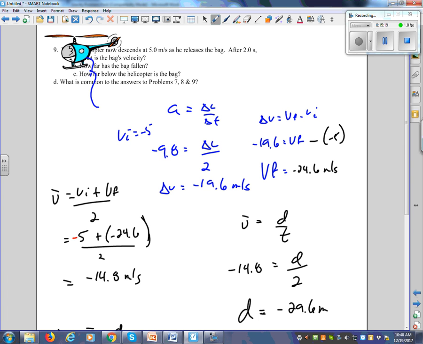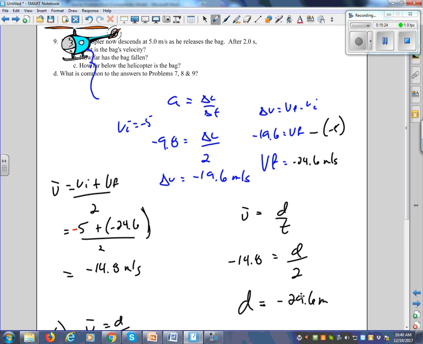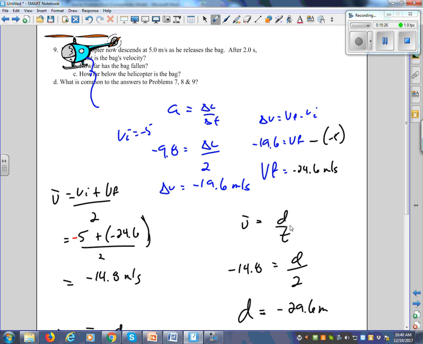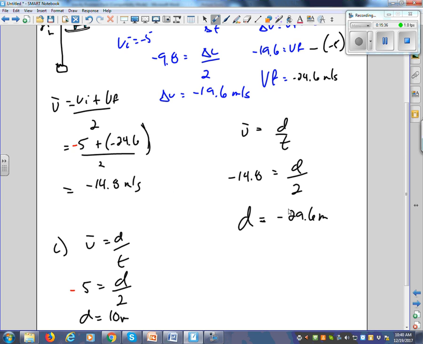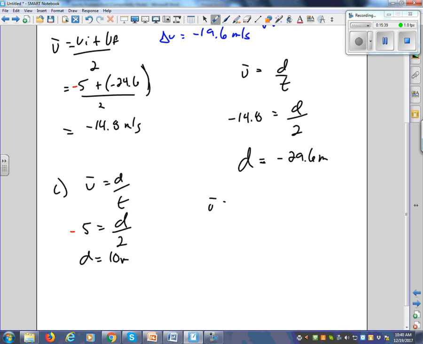The helicopter falls how far? Oh, we haven't got that yet. The bag falls 29.6. So the bag's going to go from there to there. That distance there is 29.6. But the helicopter goes down to there. How far does it go down? Looks like it's going to be the same thing, isn't it? Oh, it's 10 meters.